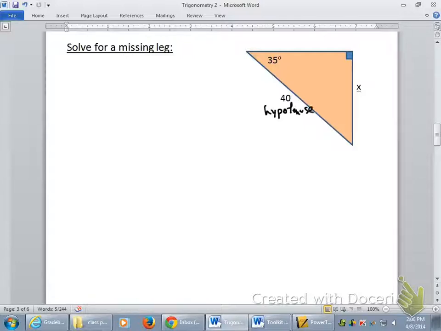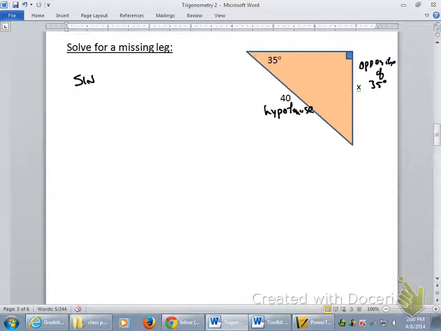And where's x? Okay, x is opposite of the 35 degrees, right? Now, I'm going to come back to that in a second, but it is opposite of the 35 degrees. So which one of my definitions best uses opposite and hypotenuse? All right. It's going to be the sine.